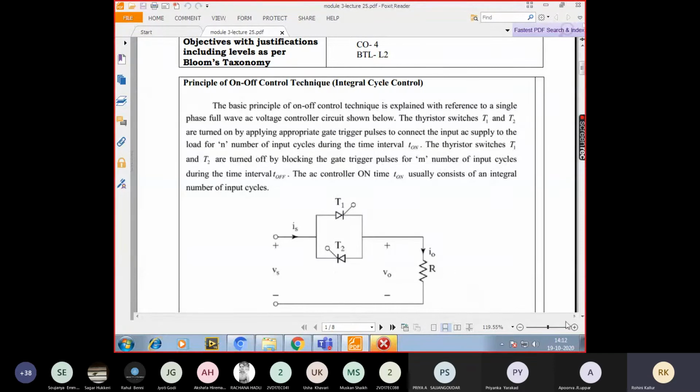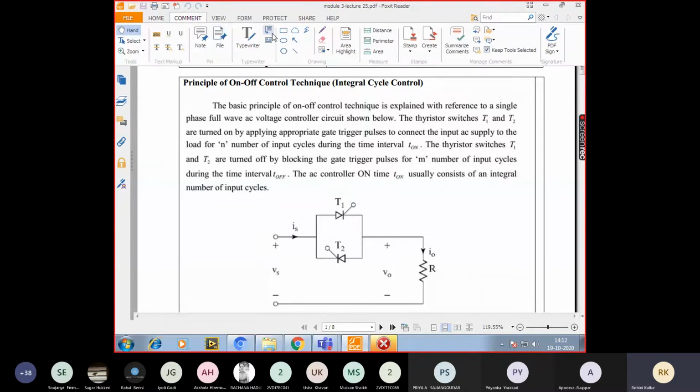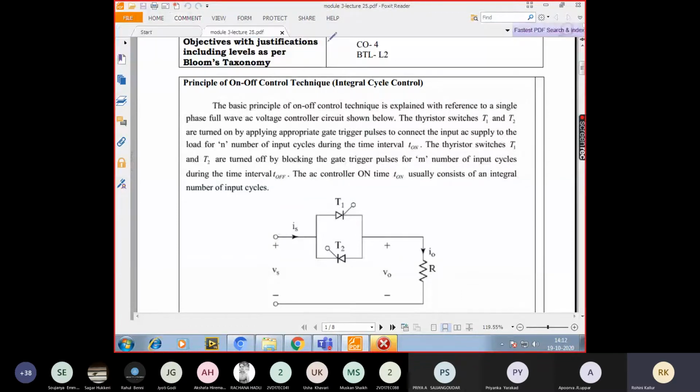So this principle of on-off control is also called integral control or integral cycle control. It is because for n number of cycles I am keeping this switch on, and for m number of cycles I am keeping this particular switch off. When I do that, the frequency with which I operate the switch gives me the frequency of the output waveform across the load.